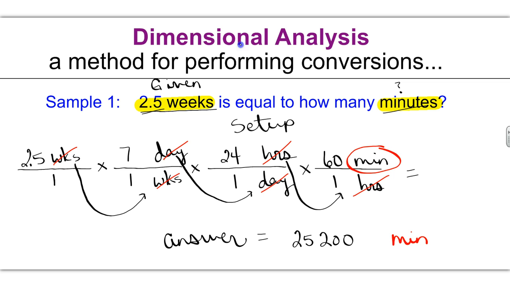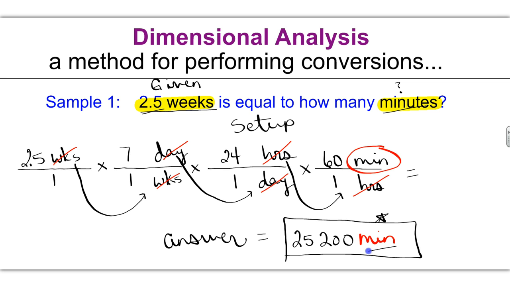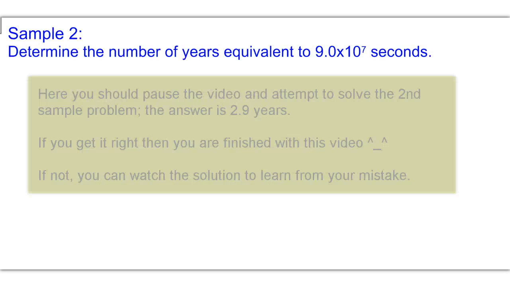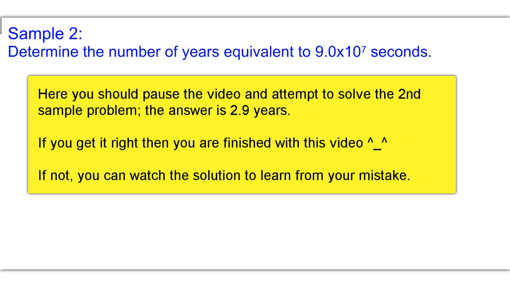Minutes is our unit. And so this denotes our final answer. Remember, you have to have a unit for every answer. There should be no naked numbers. So be sure that you always have a unit present next to your value.